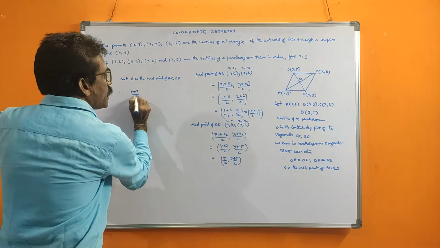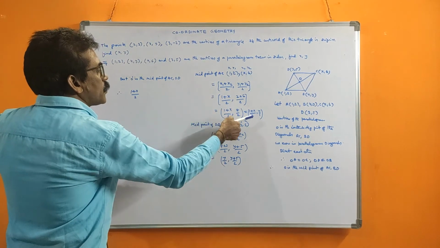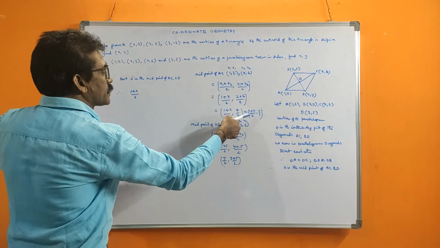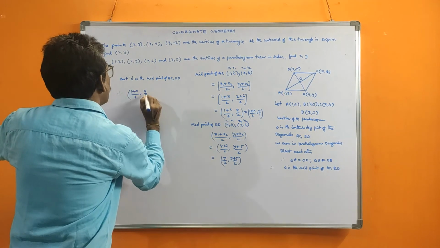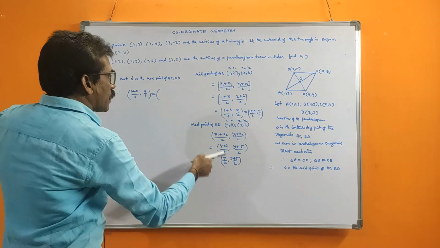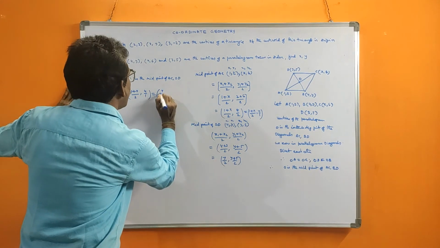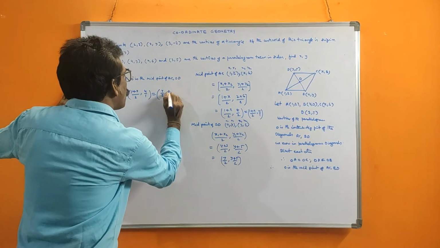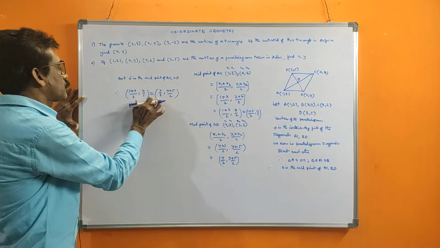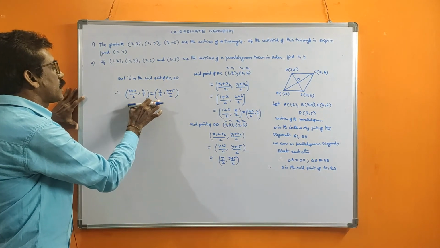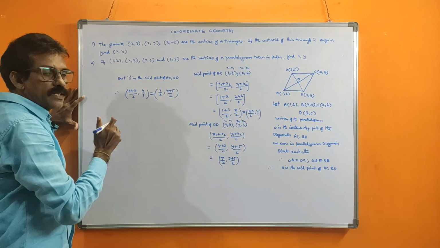The midpoint of AC is (1 plus x) by 2, comma 4 by 1. This is equal to, for BD, 7 by 2, comma (y plus 5) by 2. So these are the x coordinates and y coordinates. x coordinates equate, y coordinates equate.